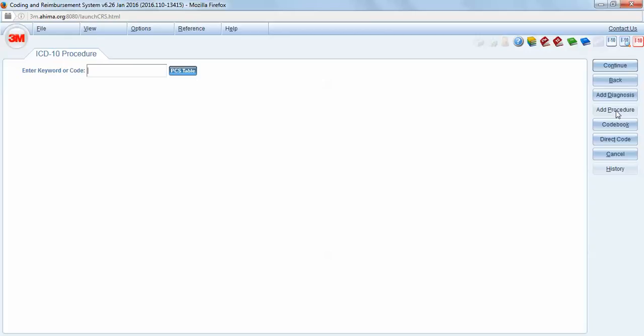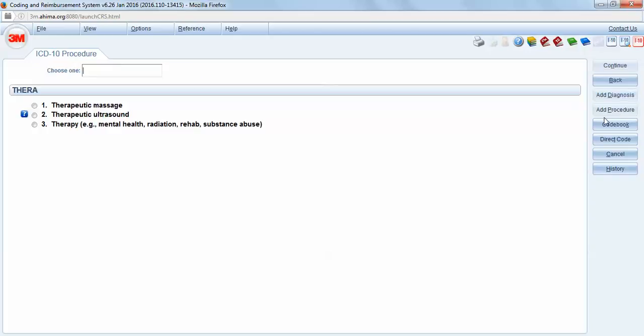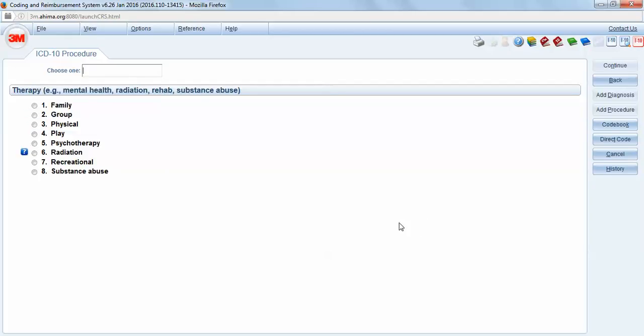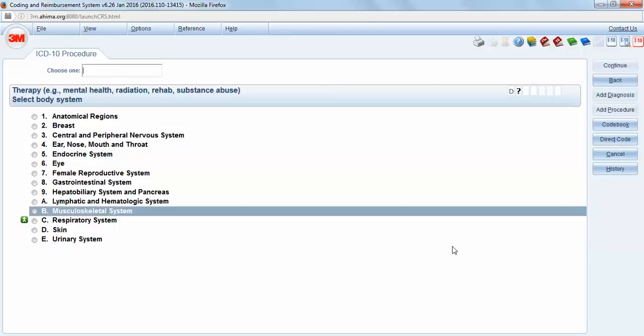So it's not going to be any different than if you were coding radiation therapy for someone that was coming in for curative care. So we're going to go ahead and say therapy because that's going to be our root operation. All right. And then right here you'll see therapy and it says radiation in the non-essential modifiers. So let's pick that. We're going to pick radiation right here.